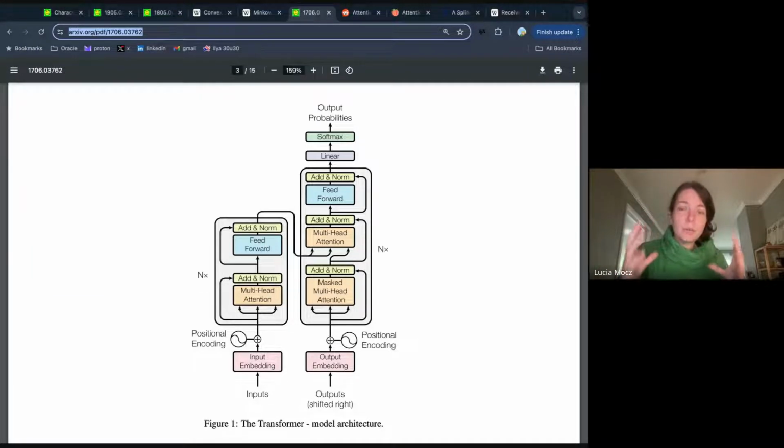Your multi-head attention, as I'm sure all of you have heard at this point, with everyone talking about large language models and transformers, is the part of the model that helps you create the associations between different words inside of your input. Most importantly, how people use multi-head attention is through this concept of self-attention.